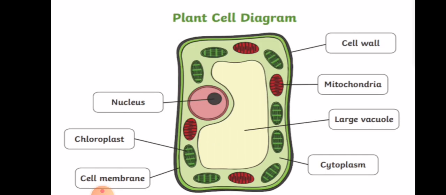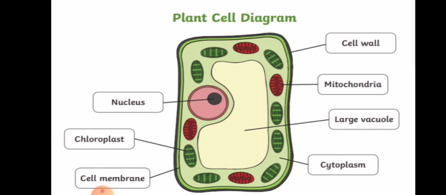Let's start from outside to inside. From outside, we will see the cell wall of the cell. Then after it, there is the green line, which is the cell membrane. After the cell membrane, we will see the cytoplasm, where all the structures are flowing.